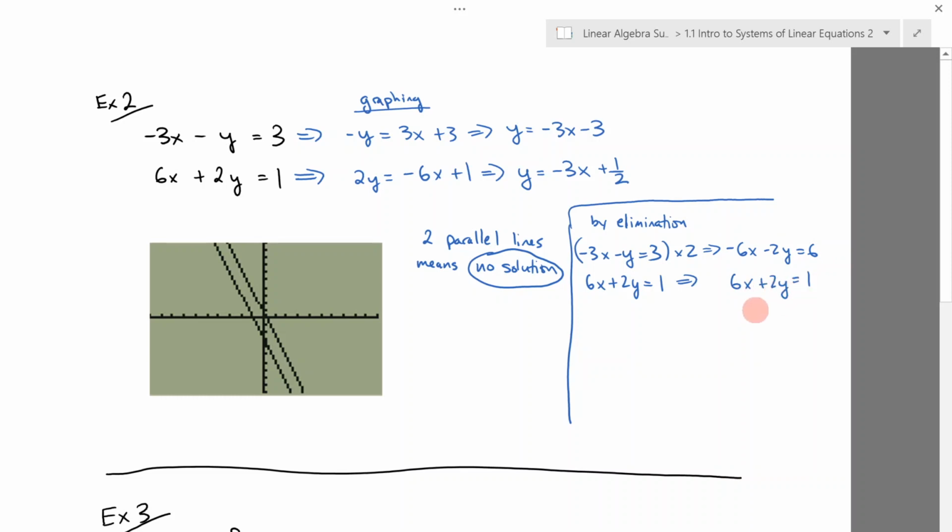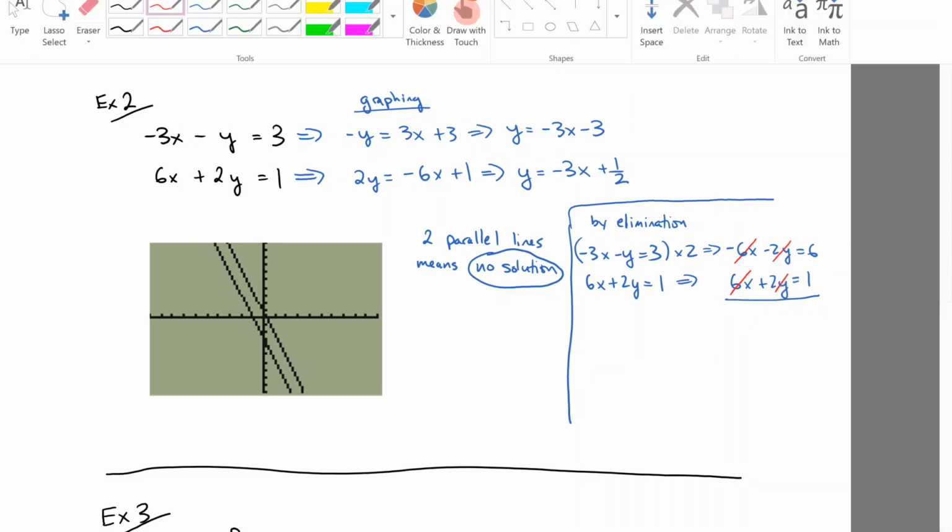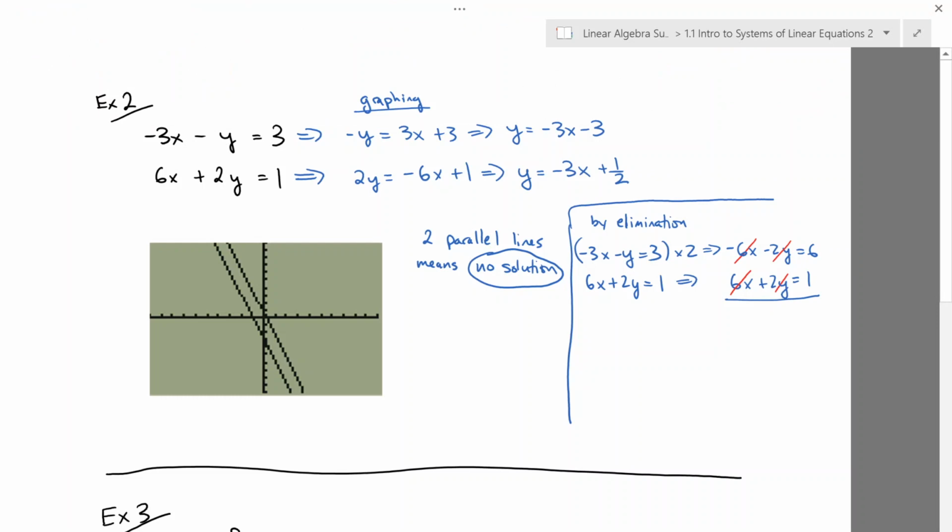So you get this. And then adding, going down, you see that this cancels because it's minus 6 plus 6, and then this also cancels, minus 2 plus 2, y. So the whole left side is 0, and I add the right side, it's equal to 7. Right, so whenever you have 0 equals some other number, means that there's no solution.